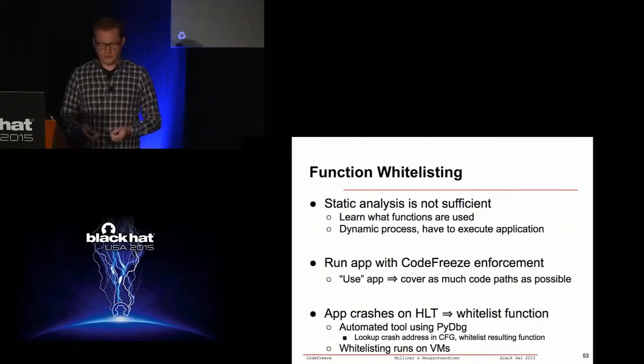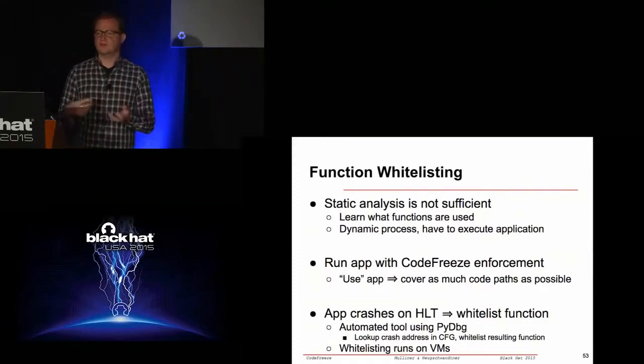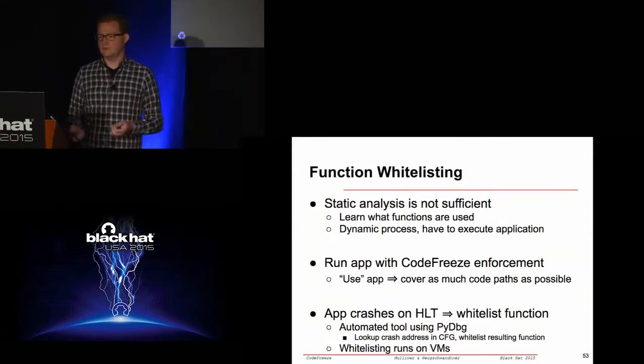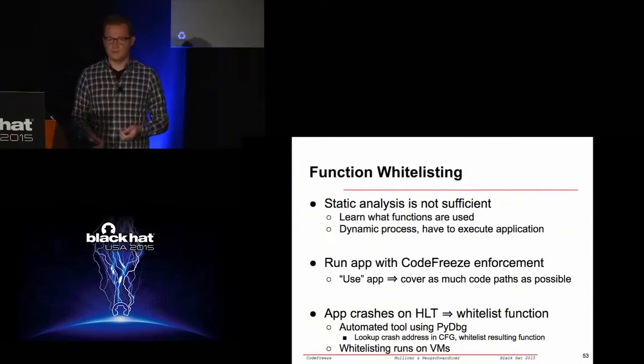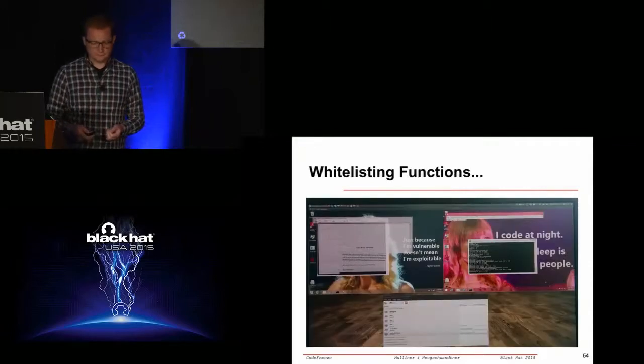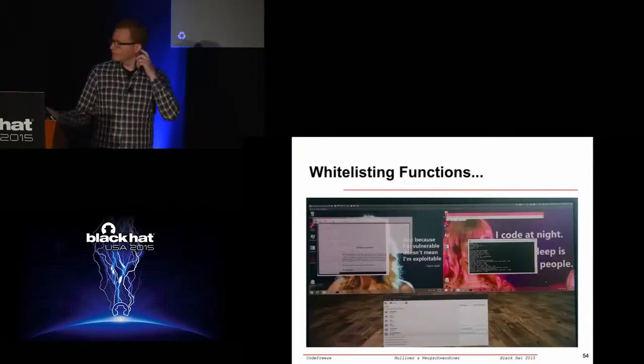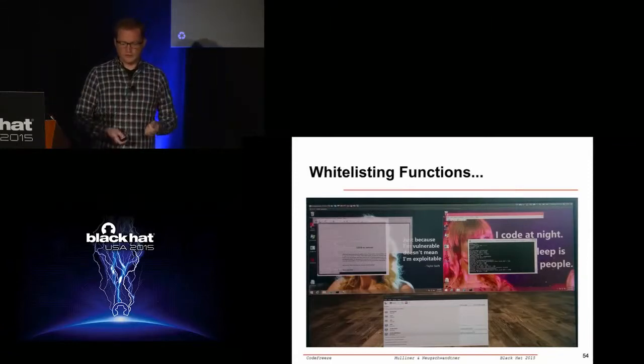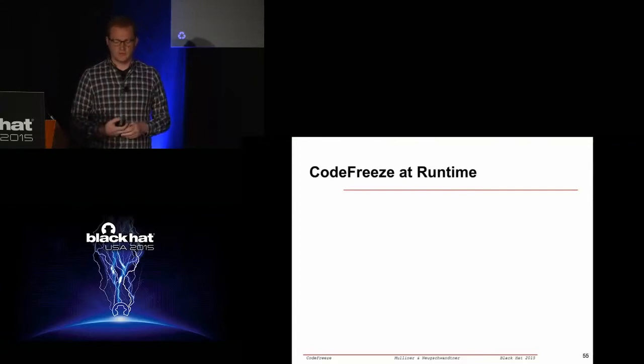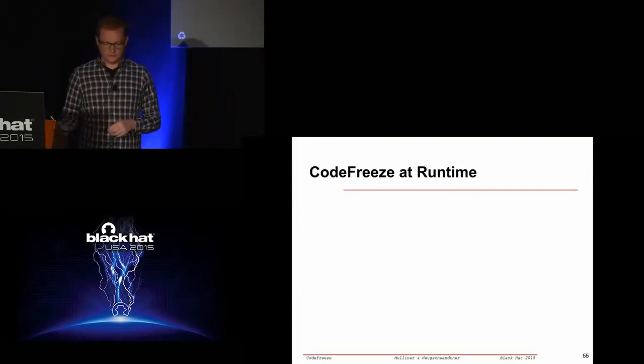We have this fully automated process where we just run an application in a sandbox, or not a sandbox, but just on a VM, with automatic generation of this whitelisting. These are two screenshots of two Windows VMs running Adobe Reader to test it out with this function enabled.